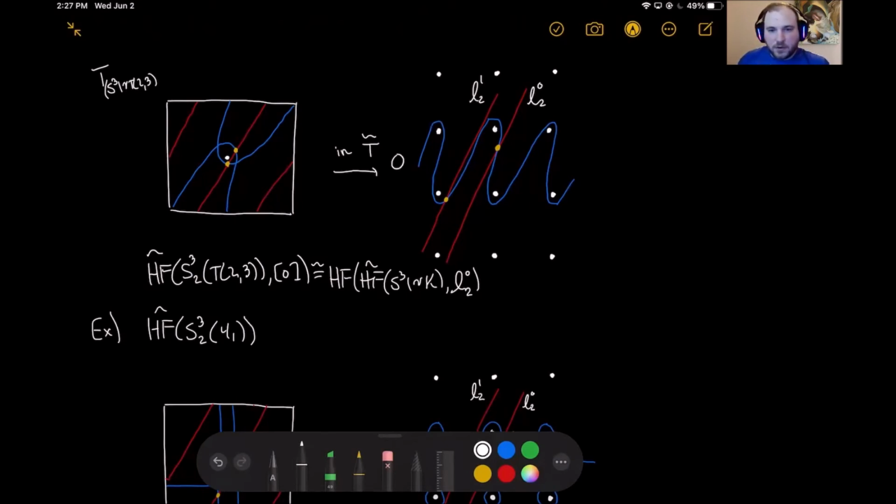Using the immersed curves pairing theorem here to compute that, we end up with rank 1 Floer homology in both spin-C structures, which means that this is an L space.